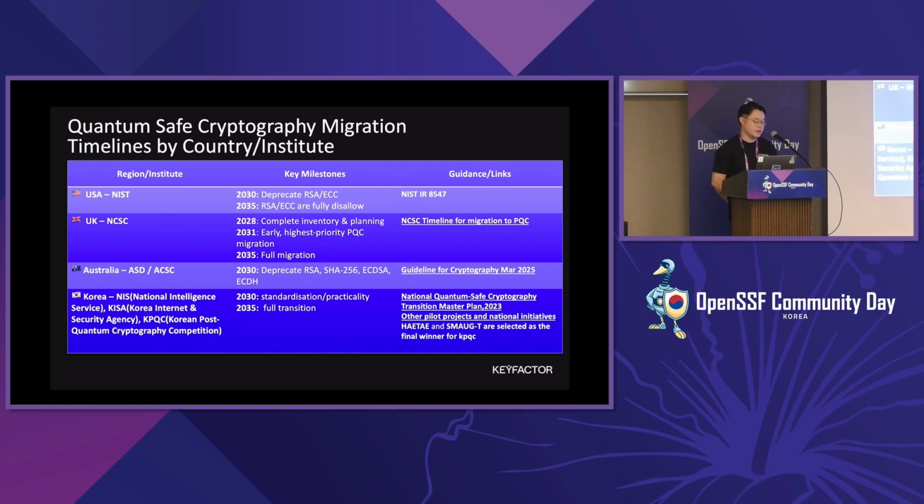They are not on the NIST-approved list, but can be used as local cryptographic algorithms in the local context. HAETAE is a digital signing algorithm, and SMAUG-T is for encryption. They are the winners of KpqC.